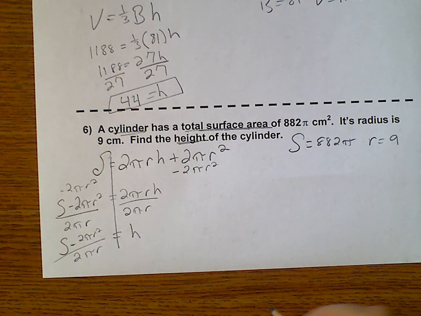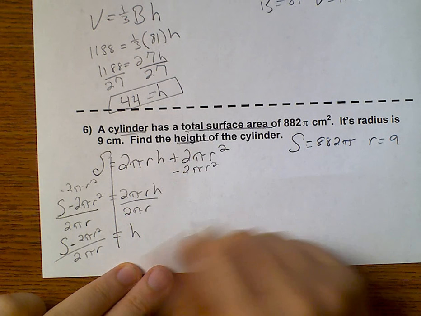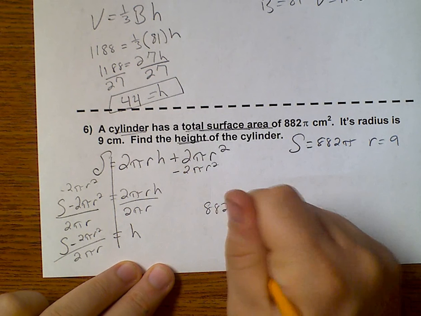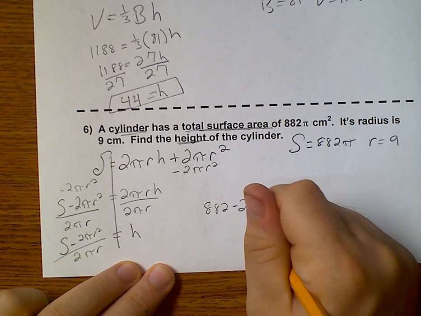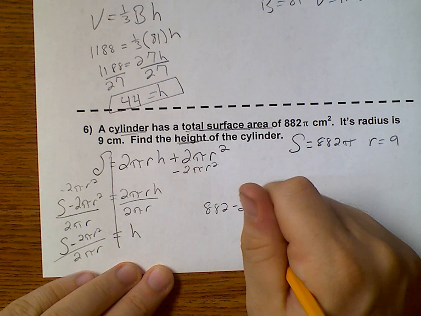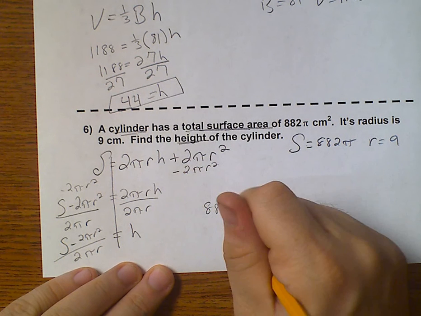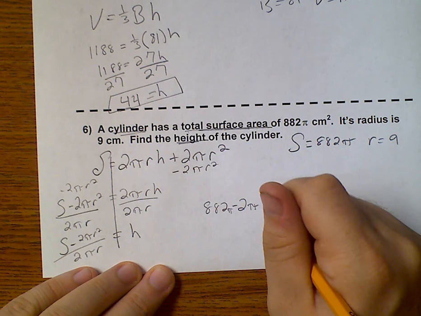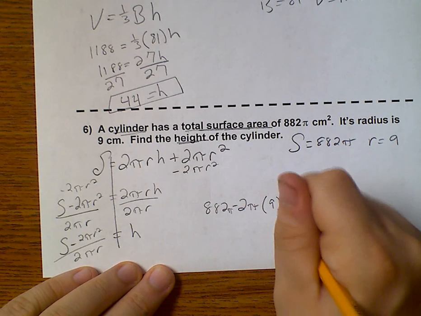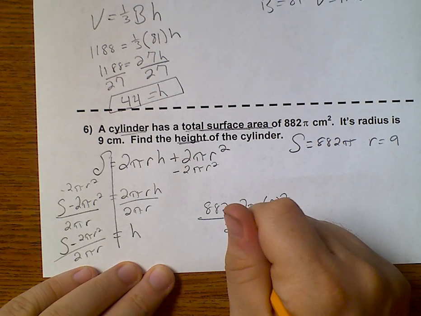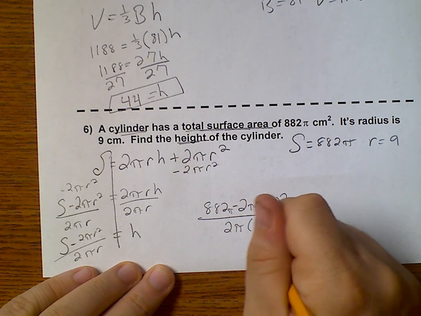And I can actually put that in. 882 pi minus 2 pi times 9 squared divided by 2 pi times 9.